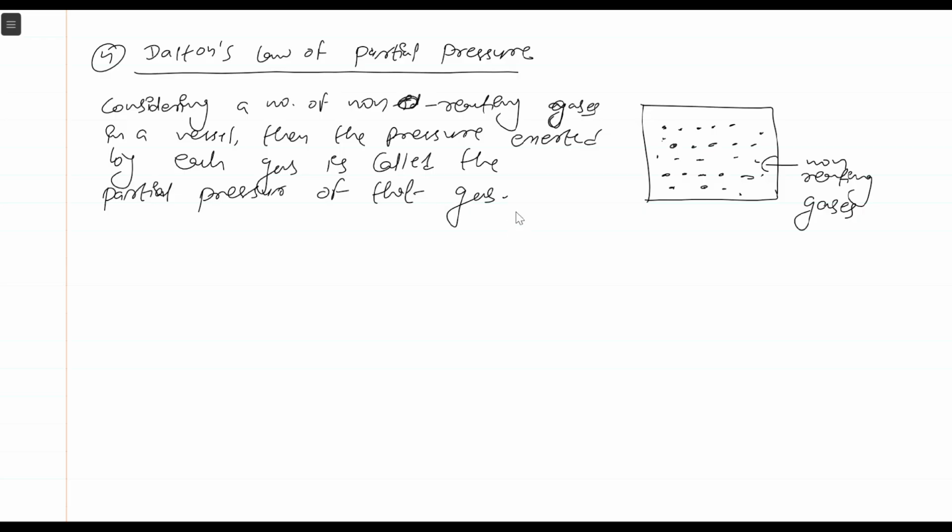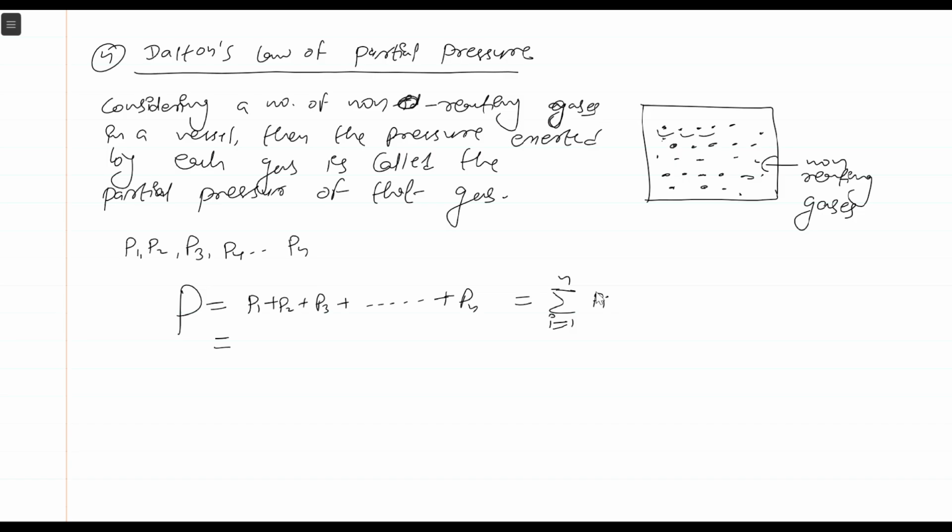So this is a very simple definition, right? I'm sorry, my handwriting is not that good. I'm still working on my handwriting. Okay, so if we consider P1, P2, P3, P4, to Pn to be the partial pressures of all the individual gases, then the total pressure P will be P1 plus P2 plus P3 plus Pn, and this can be written as summation i equal to 1 to n of Pi.